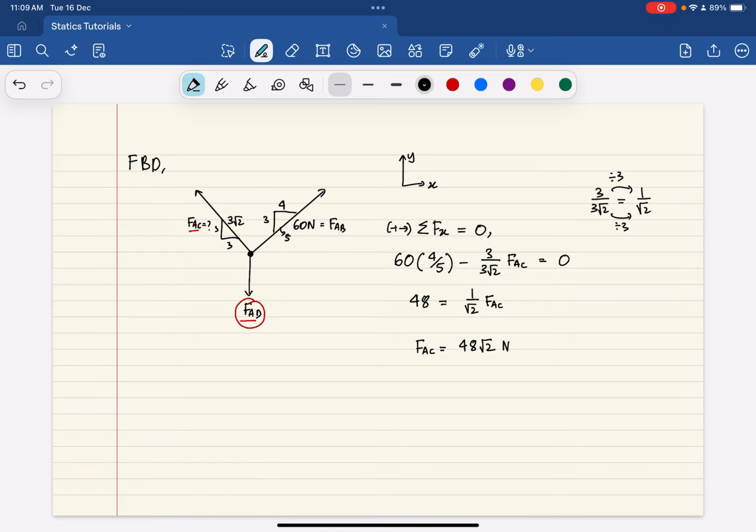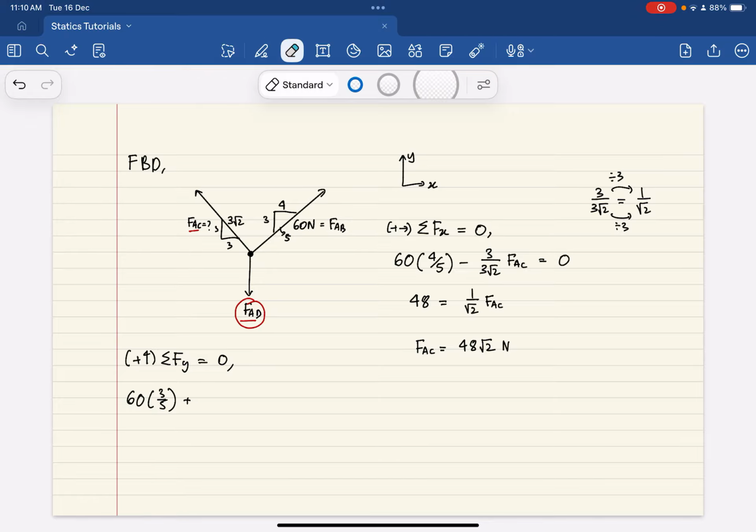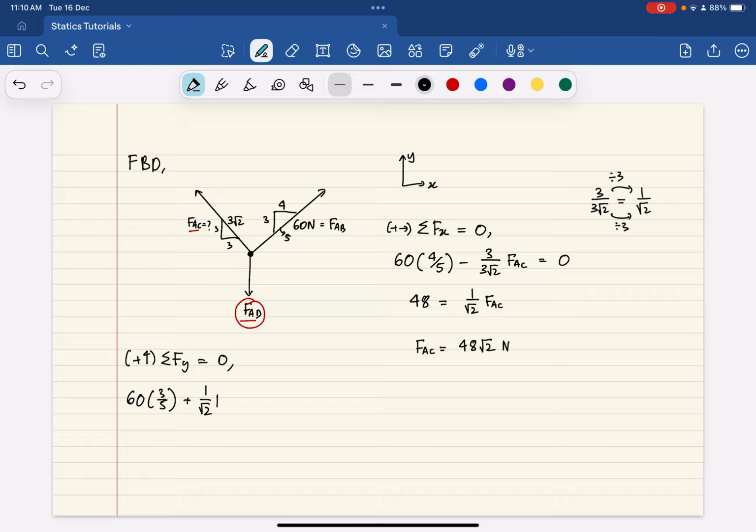Cool. So now we can easily find our FAD if we take the summation of Fy to become 0. In this case we'd have 60 times 3 over 5, which is obviously going upwards, plus 3 over 3 root 2, or 1 over root 2 if you like, times FAC, minus FAD equals 0.